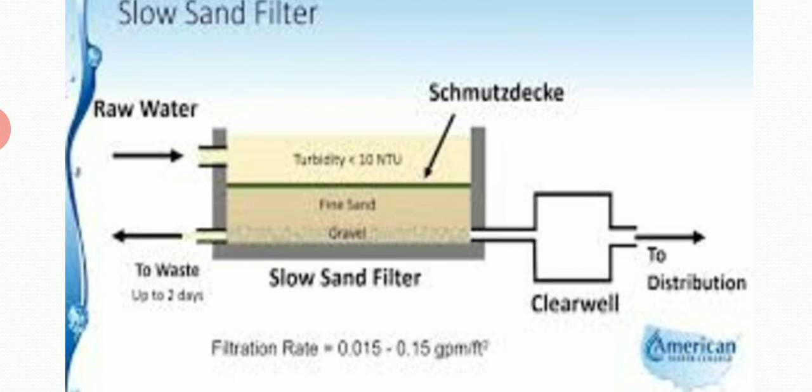Now the third one, biological action. When a filter is put into commission, that is this filter bed, and raw water is passed through it, during the first few days the upper layer of sand grains becomes coated with a reddish brown sticky deposit of partly decomposed organic matter together with iron, manganese, aluminium, and silica.